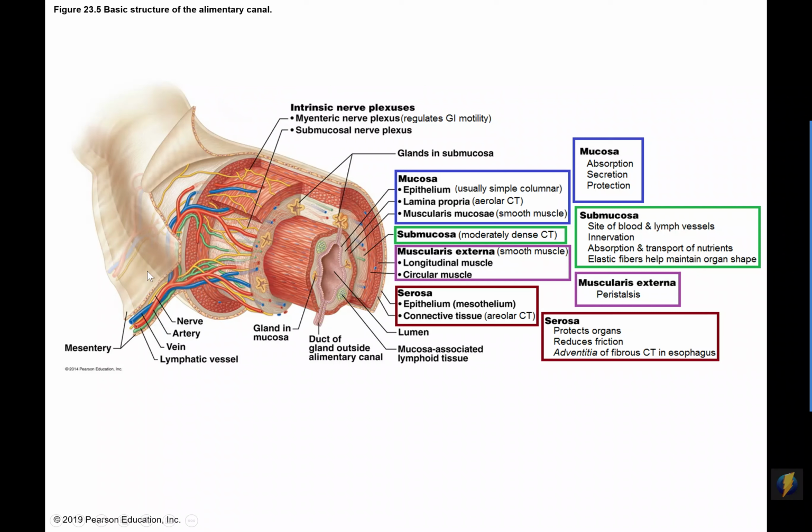So that is the general structure of the GI tract. Now there are places in the GI tract where there are some different modifications to the mucosa or to the muscularis, but the general plan is what you see here with this particular figure.